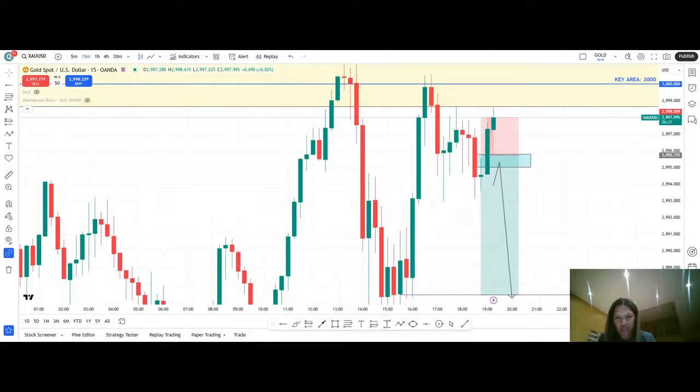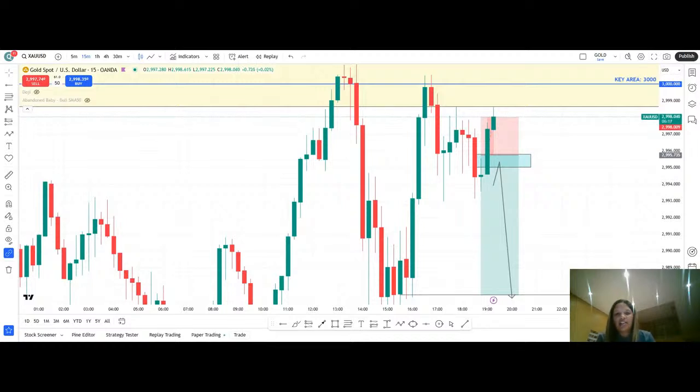That was PPI news. And you can clearly see that the market was not done yet moving. That bullish trend was not done because it was around 2996, because our TP was going to be around 2998.